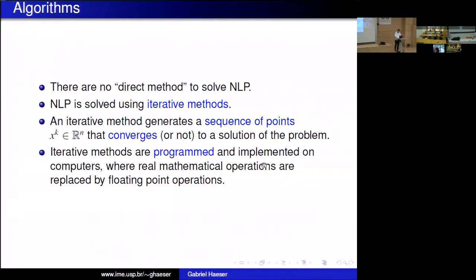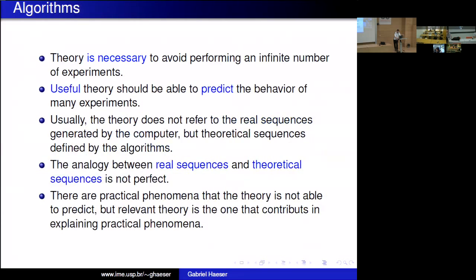But what I haven't mentioned yet is that when you implement this iterative method in a computer, real analysis does not hold anymore. Real number mathematics does not hold. You replace it with floating point operations, which has some flaws.